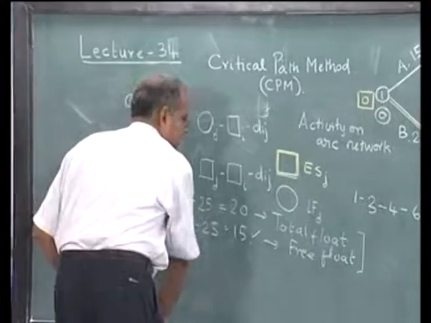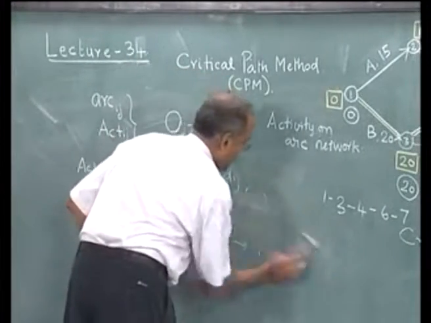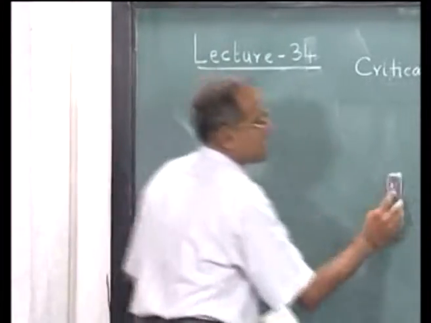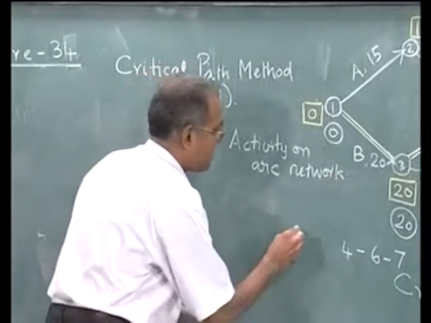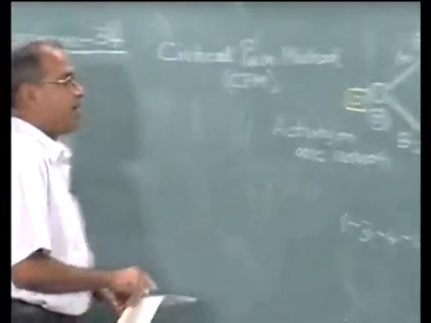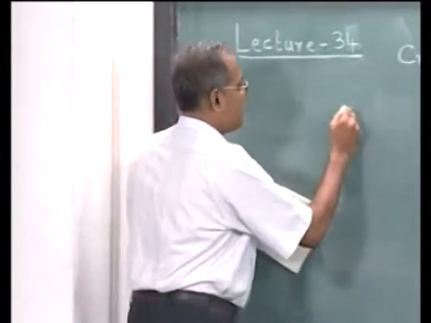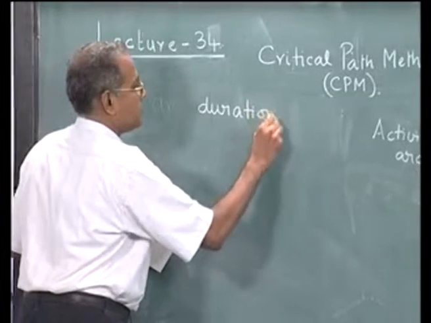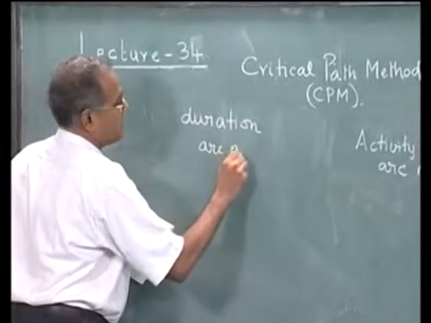Now, there are a couple of other things that we might see in the critical path problem, and one of the things that is very common, which we will also do for the sake of completion, is trying to analyze the critical path when the durations are non-deterministic.